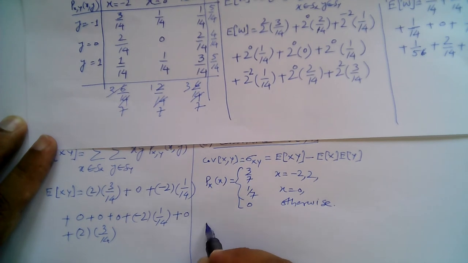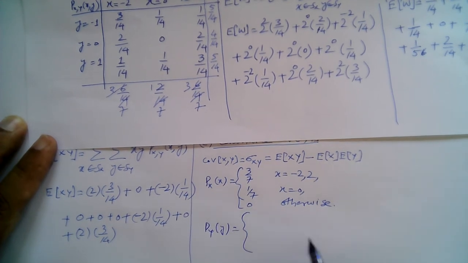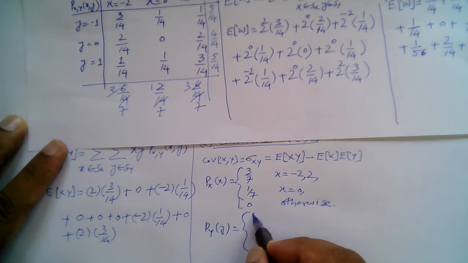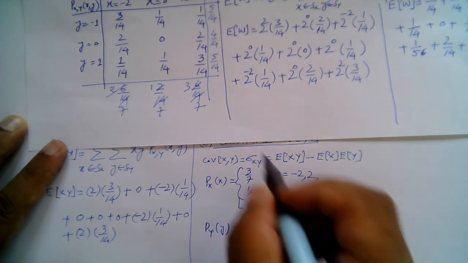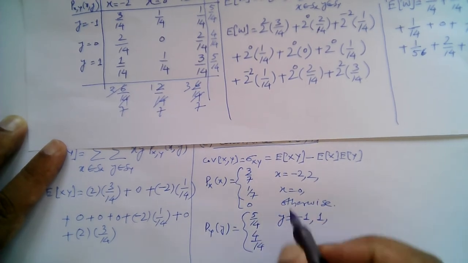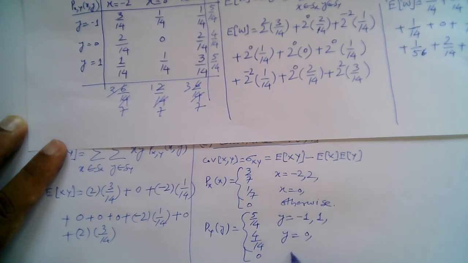Likewise, the probability model of y is given by this. This is 5 over 14 when y is equal to minus 1 or 1, and this is 4 over 14 when y is equal to 0, and this is 0 otherwise.